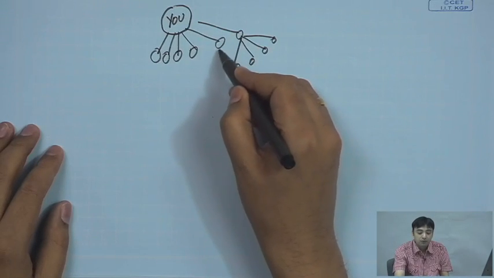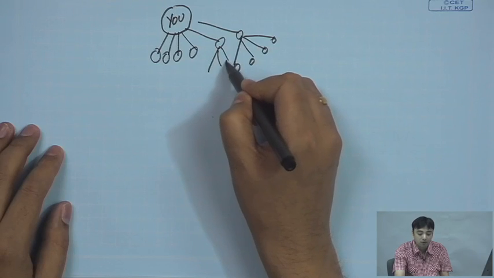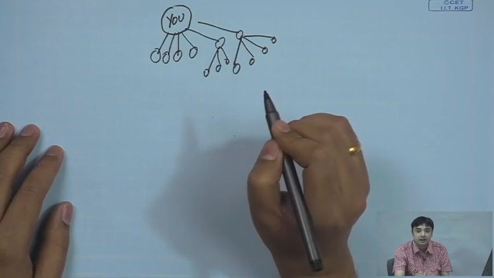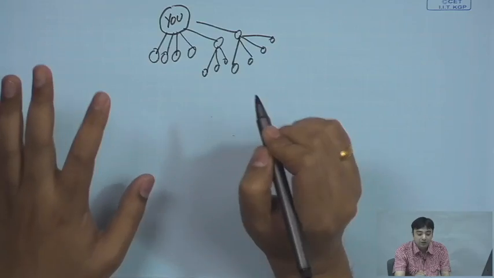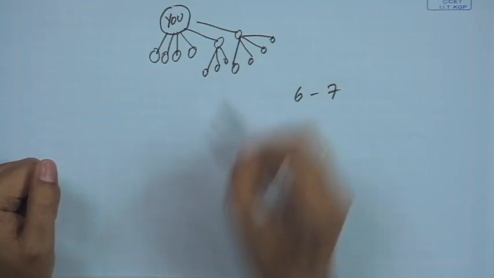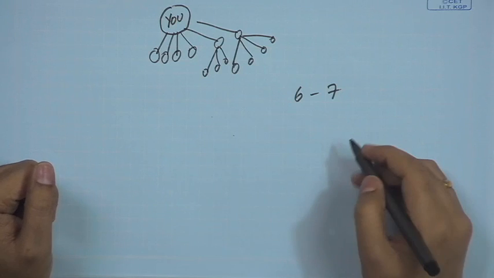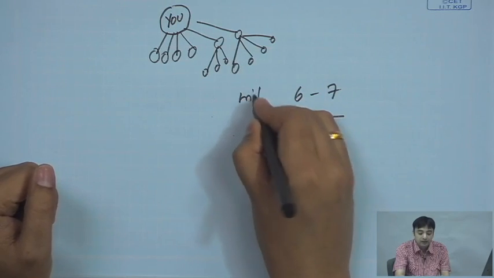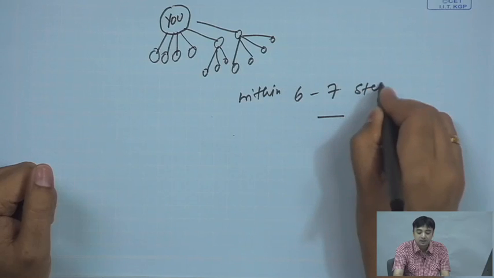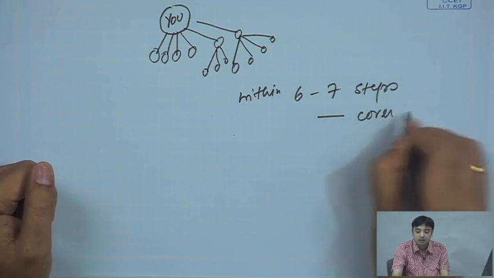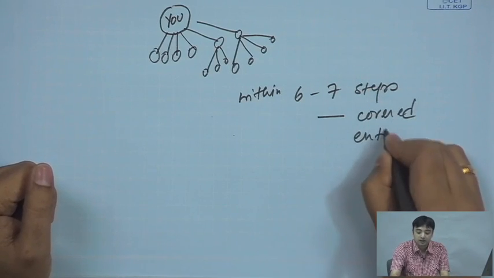So, now if you look at this tree of acquaintances or friendships, this completely disparate tree where two nodes only know the parent, but nobody among themselves, and you grow this tree, then what you see is that within 6 to 7 steps we have covered the entire population of the earth.